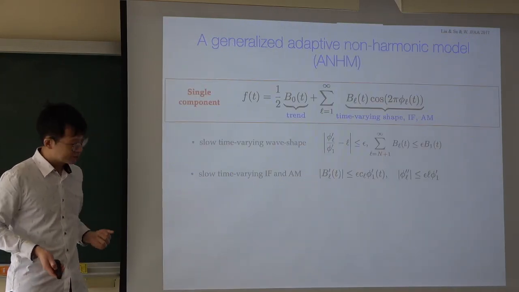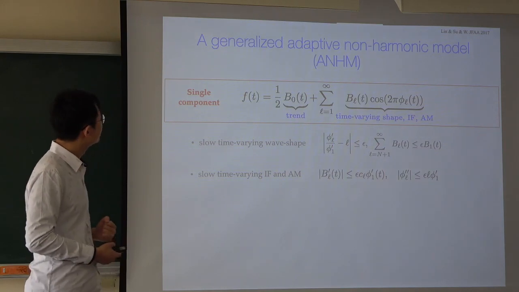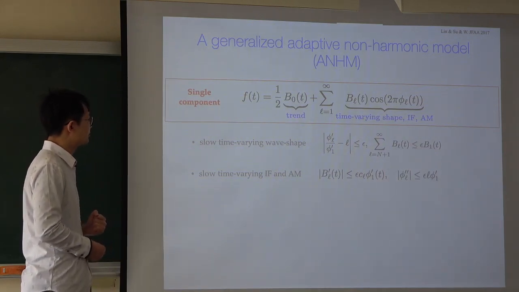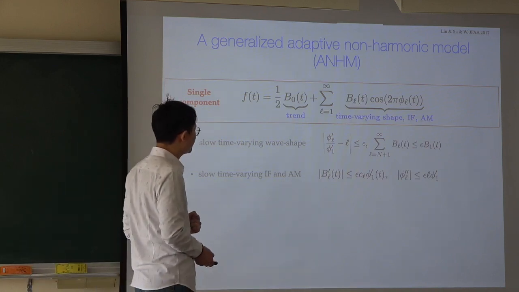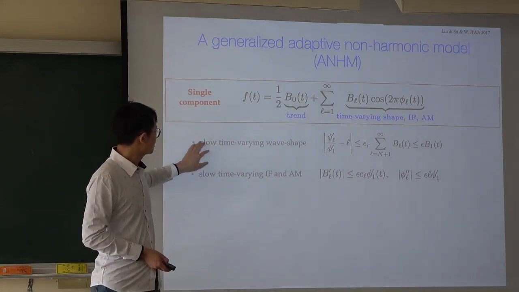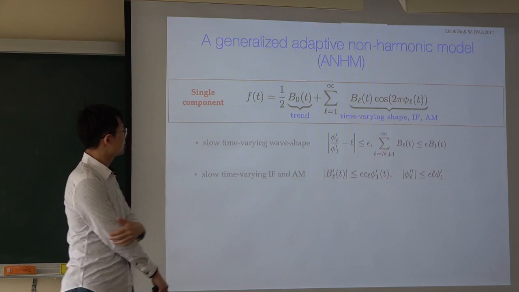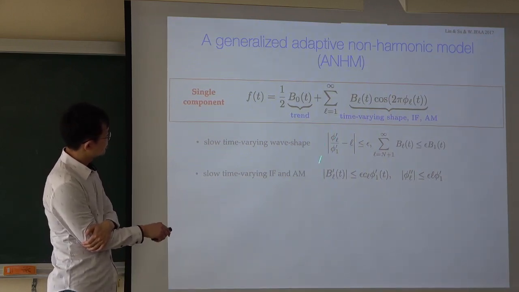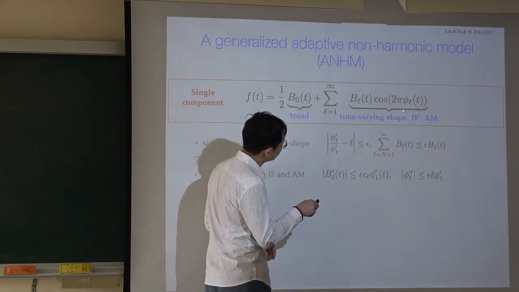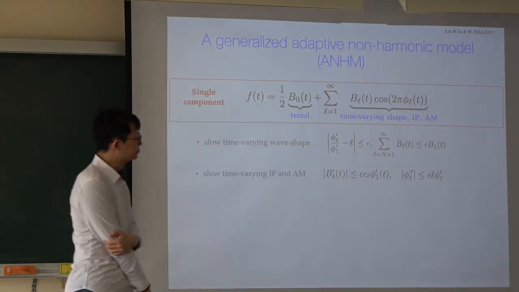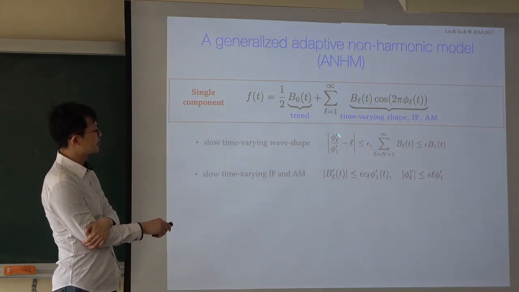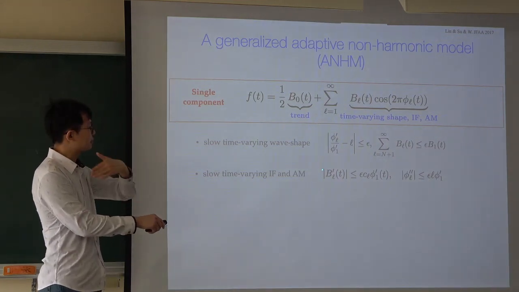Very good. So what are the conditions we need for this generalized adaptive non-harmonic model? Actually, it is very simple. The first one is a slowly time-varying wave shape. That is, the phi LO here should be very close to LO times phi 1 LO. That is, we want the instantaneous frequency to really be the multiples.